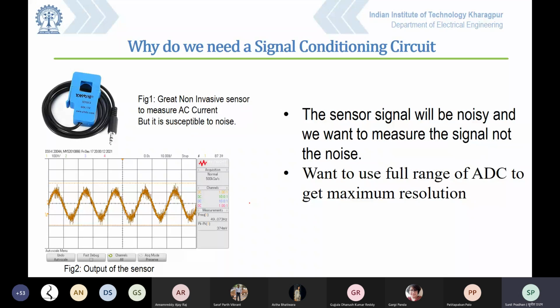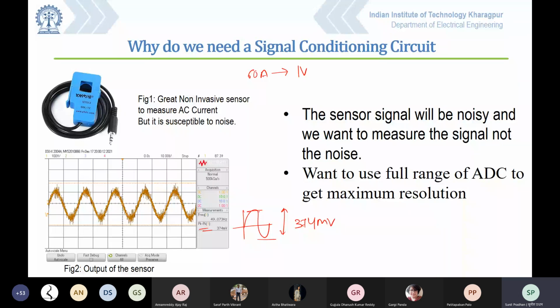Yeah, see, if I'm having 60 ampere, corresponding to it I will be getting 1 volt. So it is peak to peak. If I'm drawing a signal like this, this peak to peak voltage will be 374 millivolts.